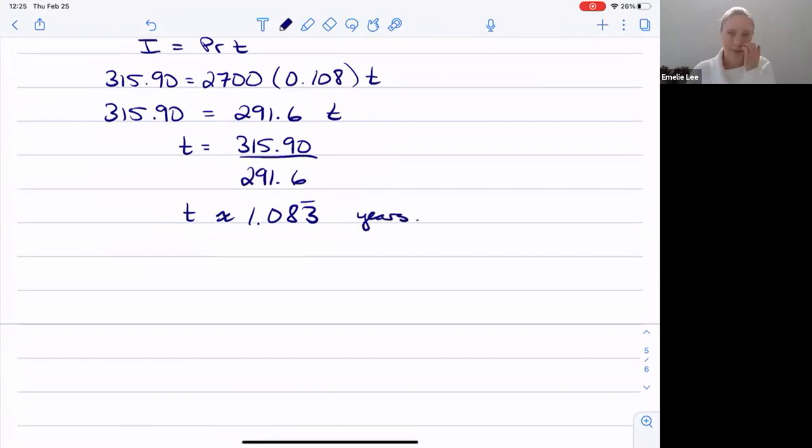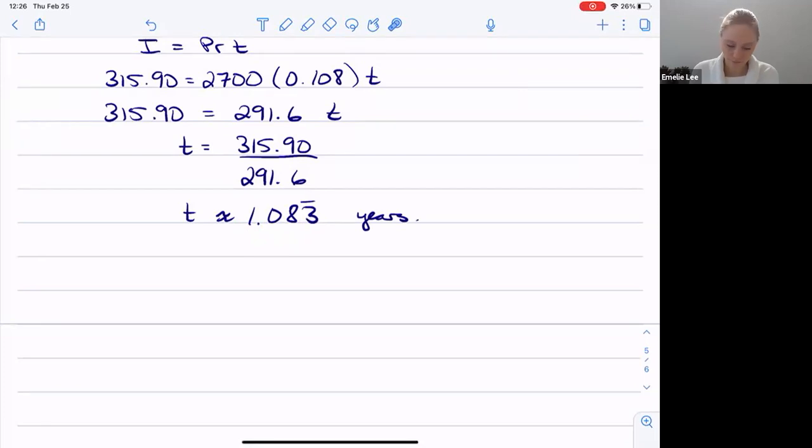Now, I would just keep it as 1.083 years. I would just use the decimal approximation here. Usually that's going to be fine, right? We don't need to talk about years and months, right? How many months is 0.083? It's a little bit overkill.